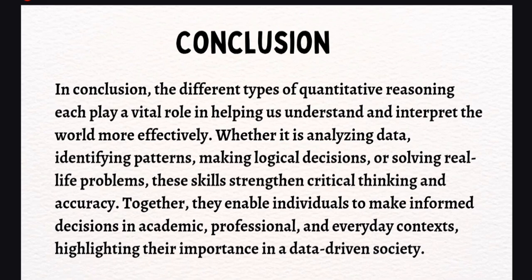So, together, they enable individuals to make informed decisions in academic, professional, and everyday contexts, highlighting their importance in a data driven society. So, this is all about the types of quantitative reasoning.